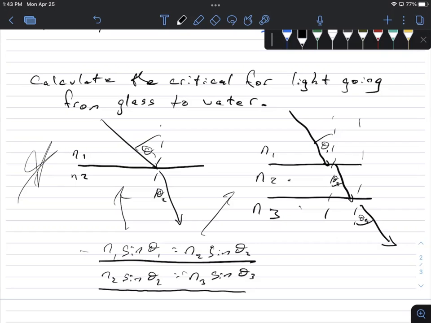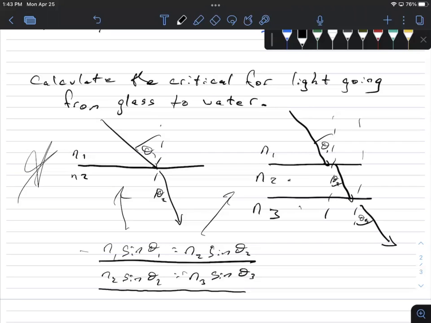We give it a special name because it's a very, very special angle. But if it's not the critical angle, then it's just called theta 1. Angle of refraction is what we call theta 2. That's the angle that the light's making once it gets into the second material.